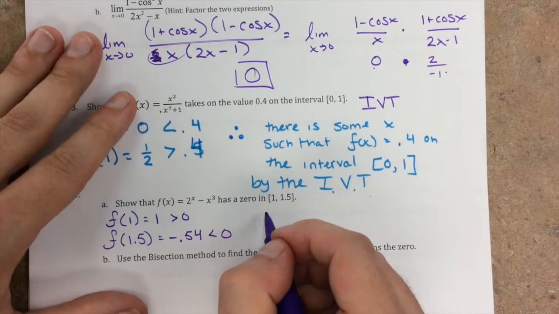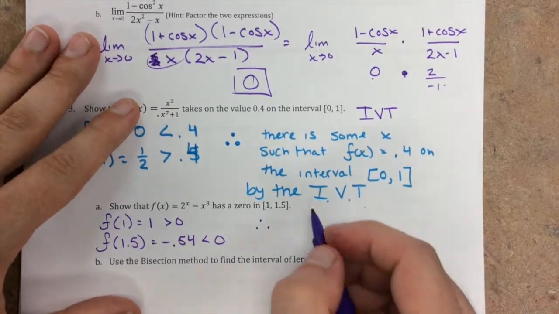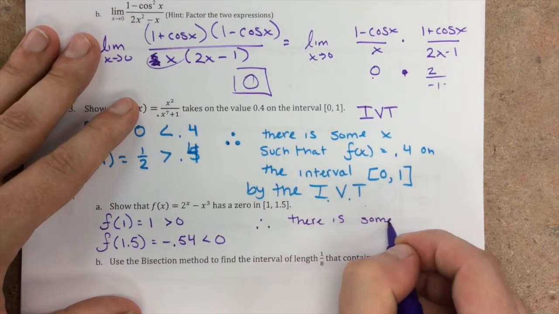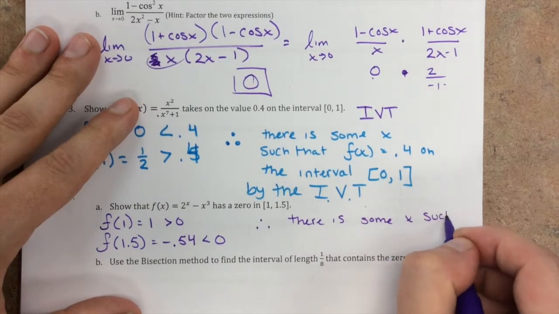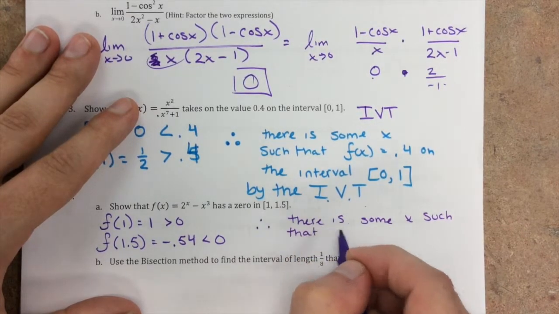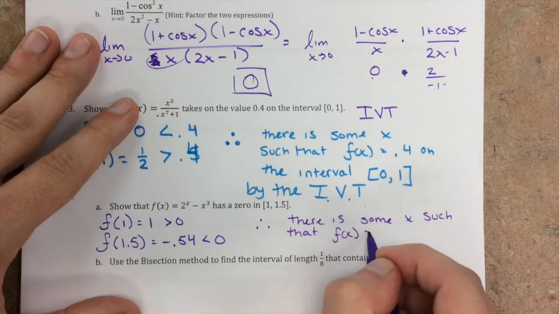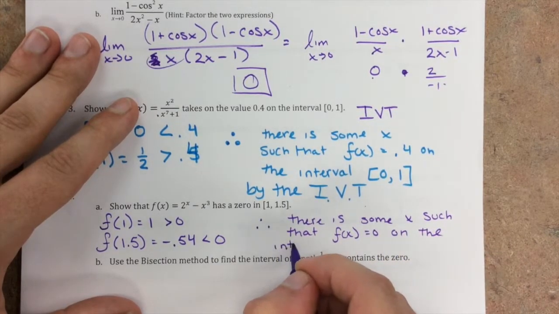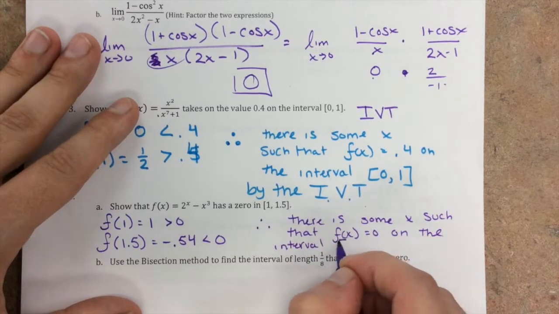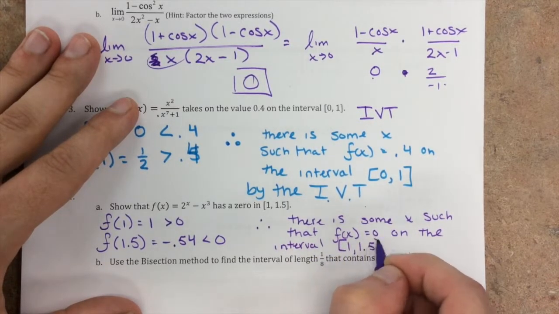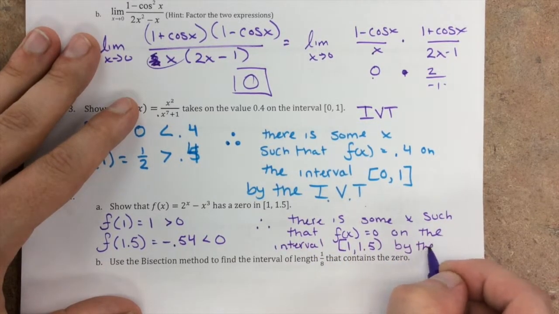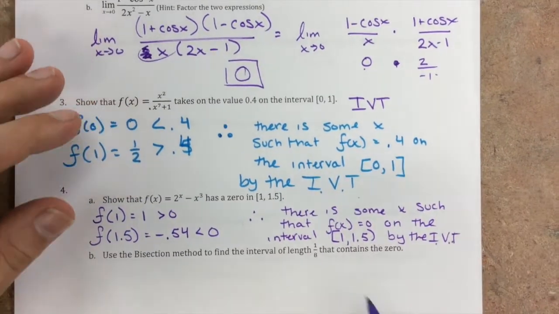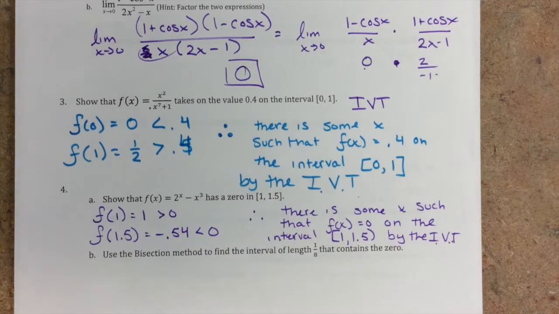So we just showed, again, therefore, there is some value x such that f of x equals 0 on the interval 1 to 1.5 by the IVT, intermediate value theorem.